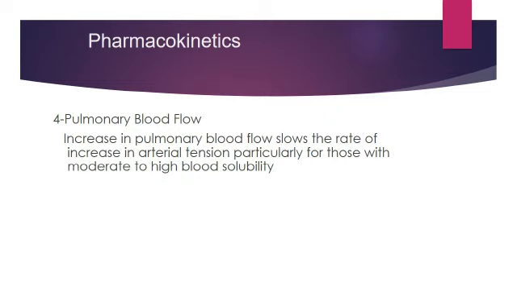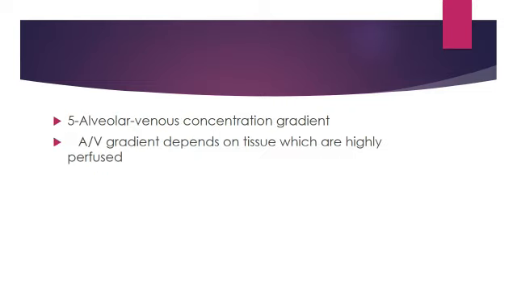So obviously, it will take time to raise its partial pressure in that large volume of blood and then to produce its effect. Therefore, by increasing the pulmonary blood flow, it will take time to increase its arterial pressure in the blood to produce its effect.